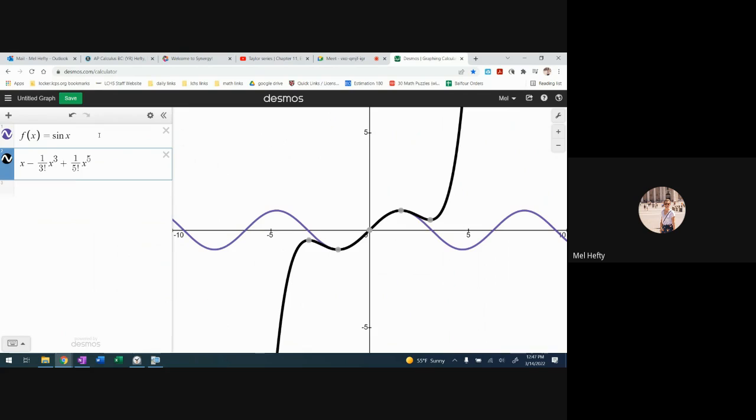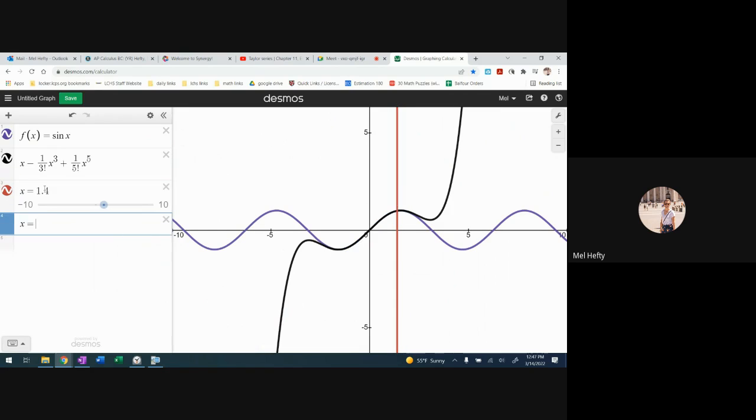Where did we center our polynomial? 0. Our first approximation was that x is 1.4. Our next approximation was at x at 2.1. Which one's farther away from our center? 2.1. So in general, usually the farther we are from our center, the worse our approximation.